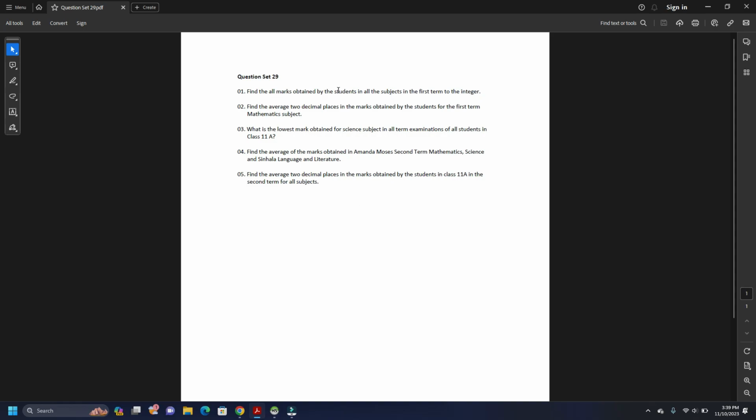Find all the marks obtained by students in all subjects in the first term to the integer.